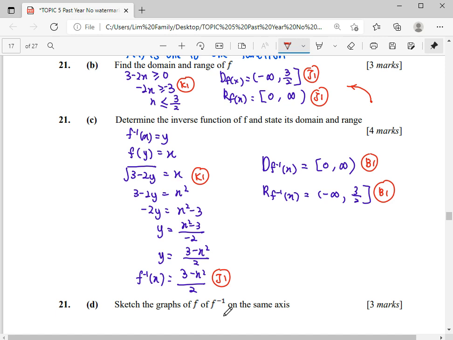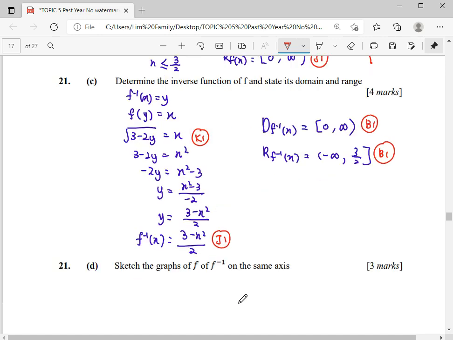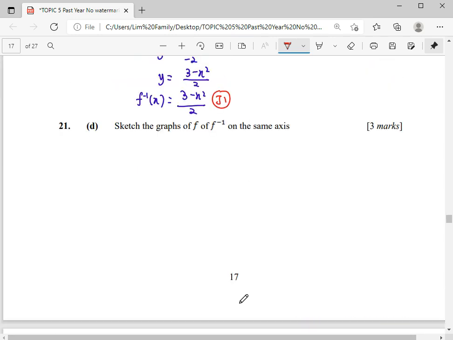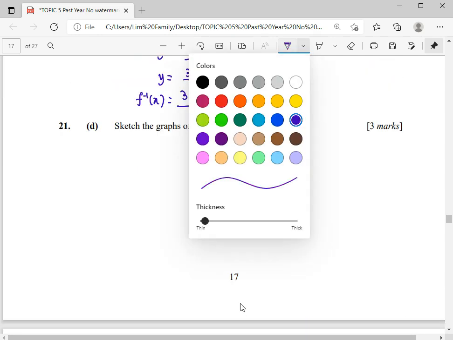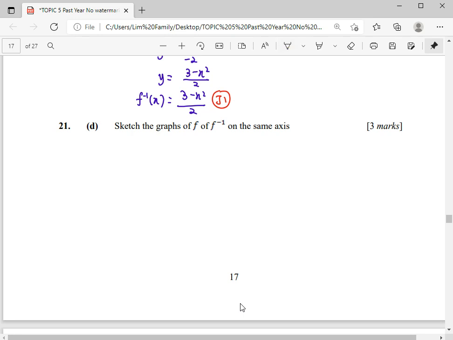Okay, so for the next part, sketch f(x) and f inverse on the same axis. So let us draw the x-axis and y-axis correctly. Alright, this is our x-axis and this is our y-axis. So use your ruler to draw it.